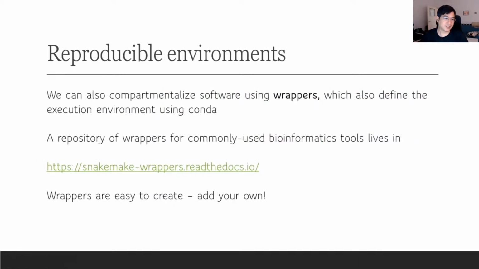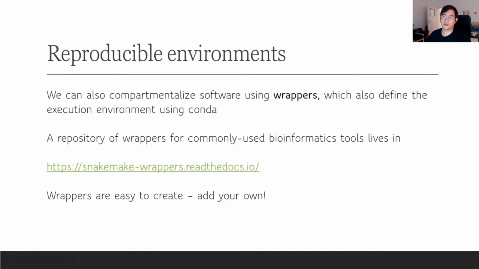Another way of compartmentalizing software is to use Snakemake wrappers, which also help make the rule a bit more succinct. Each wrapper contains a conda environment, which specifies the execution environment of this executable, and it also lets you omit most of the boilerplate shell command.